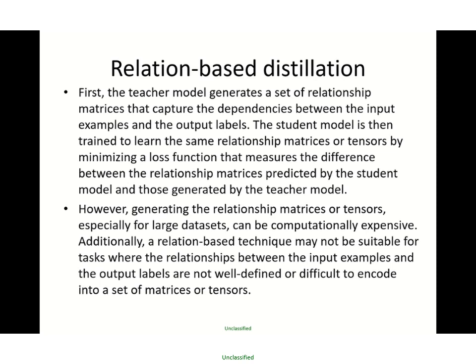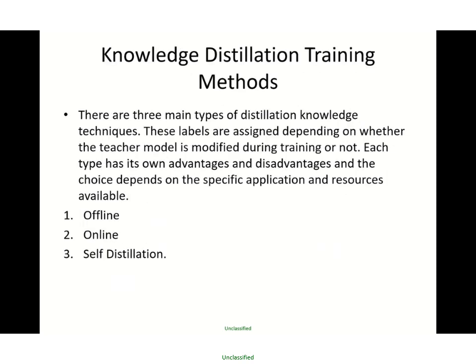However, generating the relationship matrices or tensors, especially for large data sets, can be computationally expensive. Additionally, a relationship-based technique may not be suitable for tasks where the relationships between the input examples and output labels are not well defined, or are difficult to encode into a set of matrices.